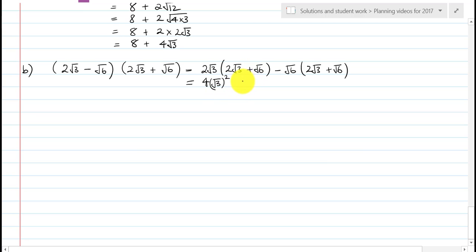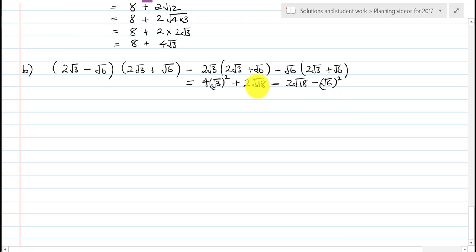Then 2 root 3 times root 6 gives me 2 root 18. Root 3 times root 6 is root 18. Minus root 6 times 2 root 3 is 2 root 18 again. And minus root 6 times root 6 is minus root 6 squared.